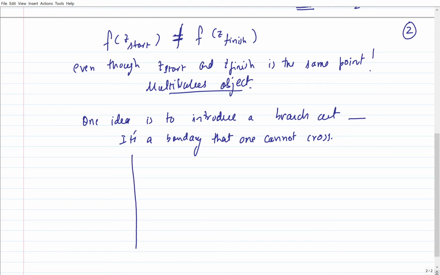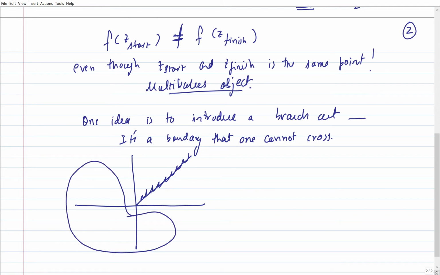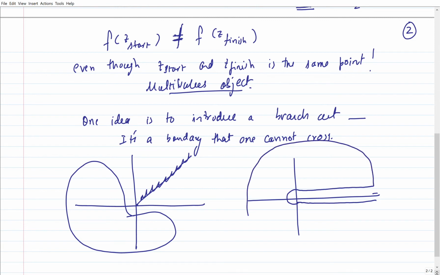So, for example, I can have some sort of a branch cut over here, and I'll define my contours to go avoiding this branch cut. Or more generally, I'll have the branch cuts around the x-axis or the y-axis, and they would be something like this guy, and this would be the branch cut.